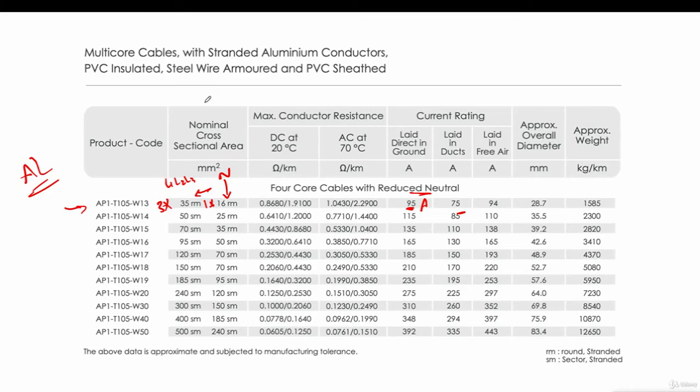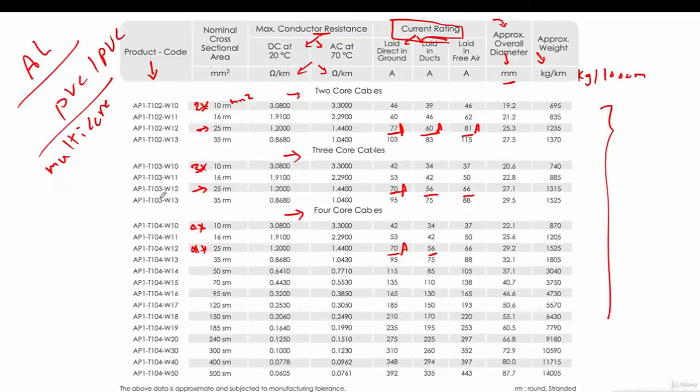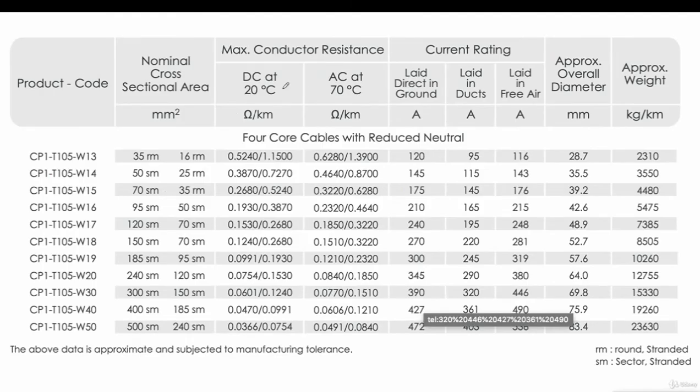Here I want to compare the 35 with reduced neutral cable from aluminum with the copper. Going back to copper, this is a copper conductor, PVC by PVC insulation multi-core with reduced neutral, and here the same cross section of AL35, with reduced neutral, and the neutral line here is 16 square millimeters.